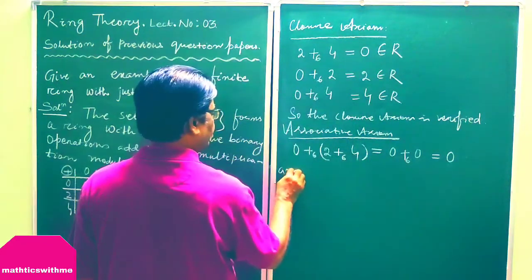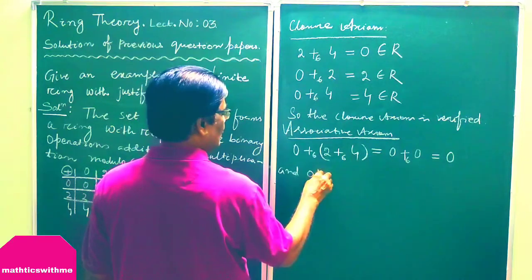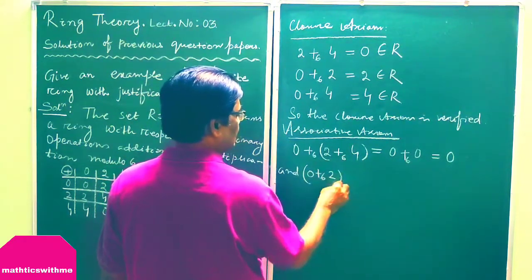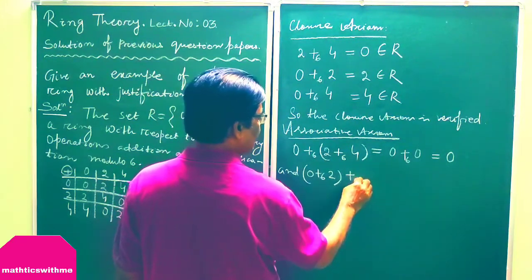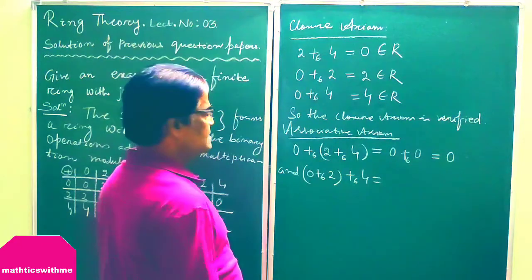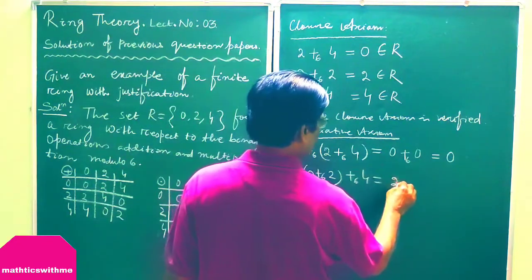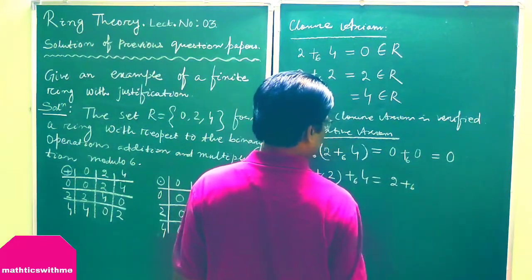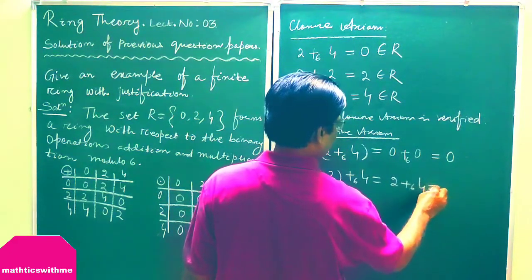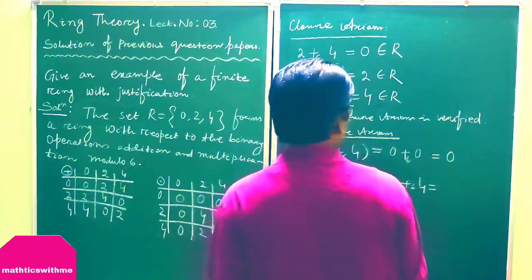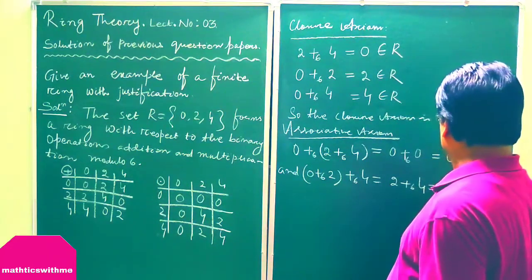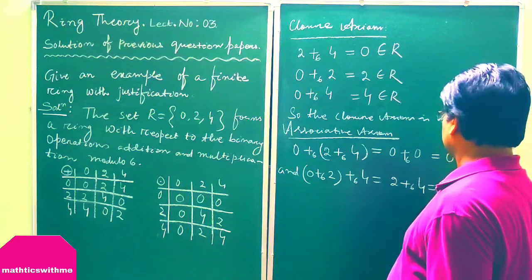And (0 addition modulo 6 2) addition modulo 6 4 is equal to 2 addition modulo 6 4. Now 2 plus 4 addition modulo 6 is again 0.